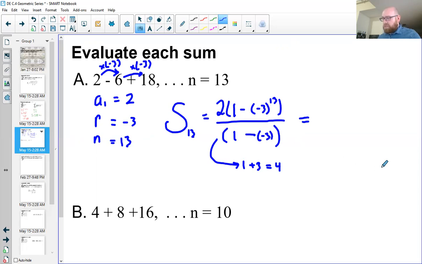And so this gives me the very large number, 797,162. And it makes sense that we would have a large number because every next number in the sequence, we're multiplying by 3. We might have numbers that we're subtracting because they're negative, but the next number that we add is going to be bigger than the number we just subtracted. So we end up with this very large number.